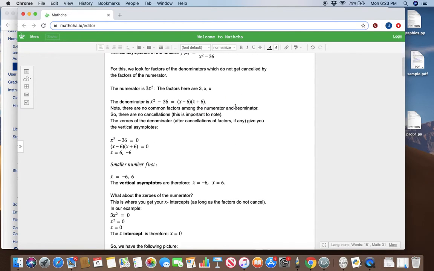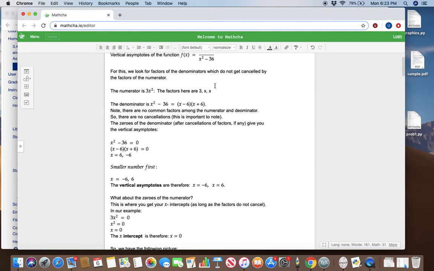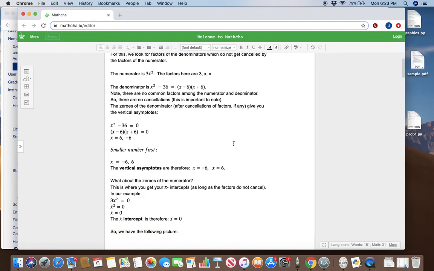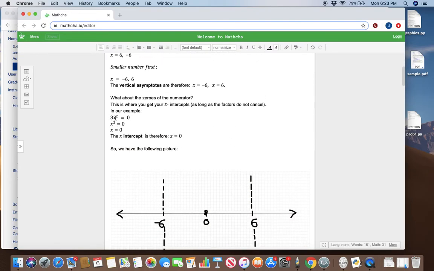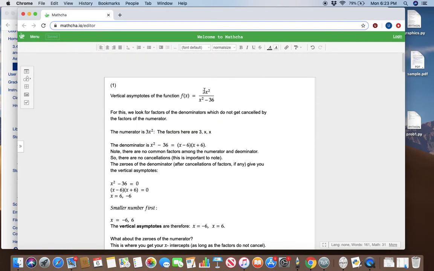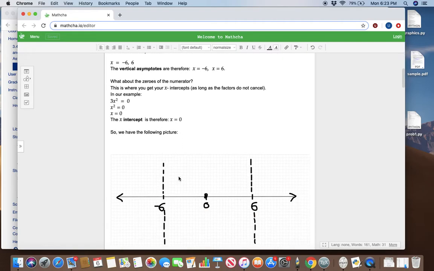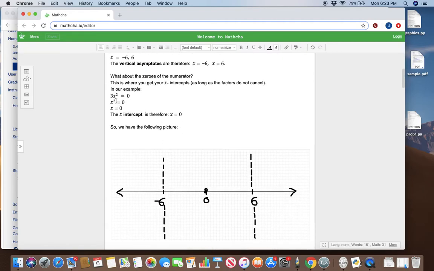So, notice in our case we have no problem. There are no cancellations between numerator and denominator. So, all you're looking for is zeros of the numerator, 3x squared. 3x squared is 0, x squared is 0, so x is 0. There is nothing else.